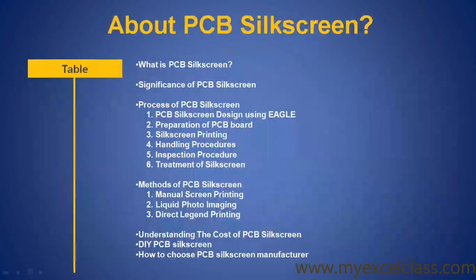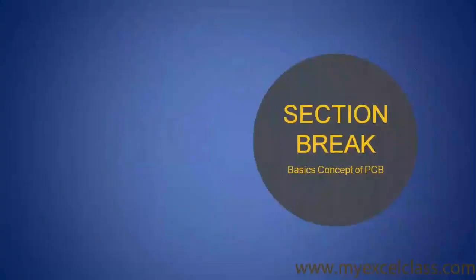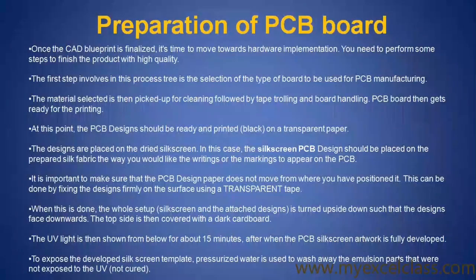This is the step by step process I already discussed. So this is the first step in this process: the selection of the type of board to be used for PCB manufacturing. So first is PCB board manufacture.